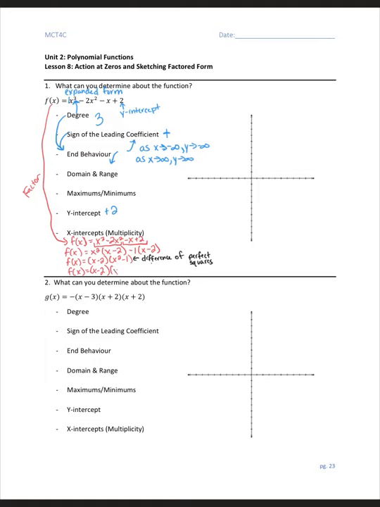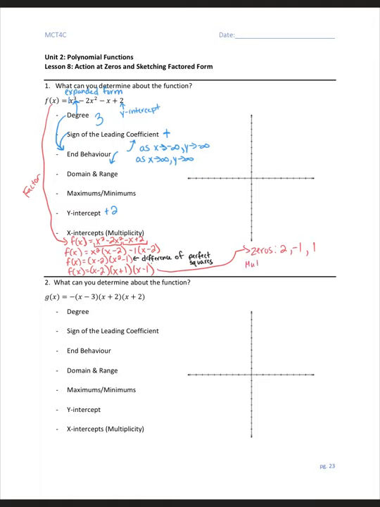X squared minus 1 will become x plus 1, x minus 1. Okay, so we can identify our zeros. I'm going to put my zeros over here. So my zeros are going to be, from x minus 2, a positive 2. X plus 1 means my zero is a minus 1. And from x minus 1, I'll have a plus 1 for my zero.